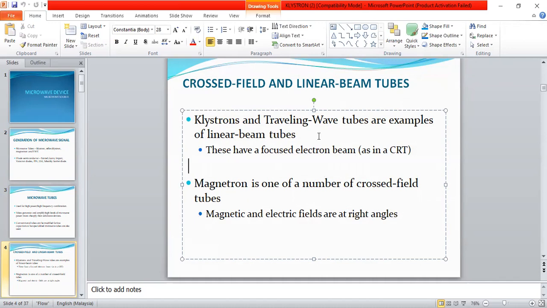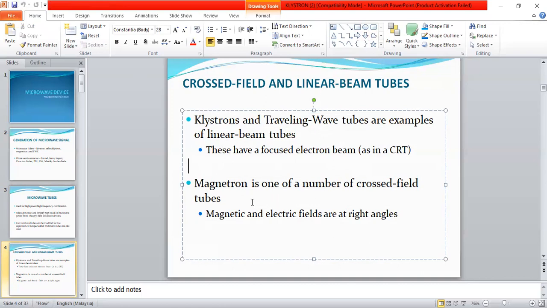Here, the linear beam tubes use only the electric field to generate microwave signal as well as to amplify microwave signal. So these linear beam tubes, meaning klystrons, reflex klystrons, two cavity klystron amplifiers, traveling wave tubes, are all used to generate microwave signal with the help of only the electric field.